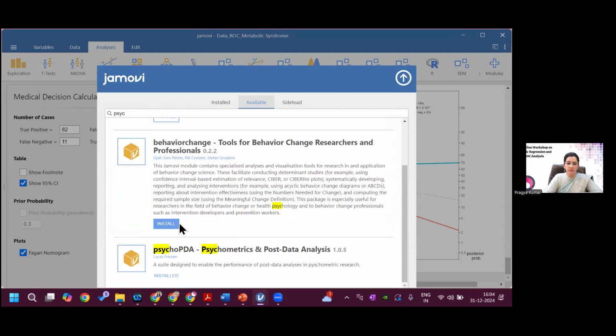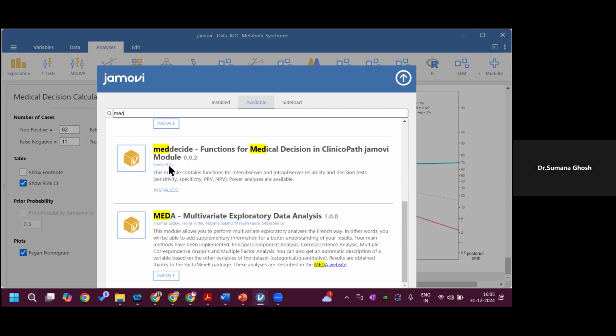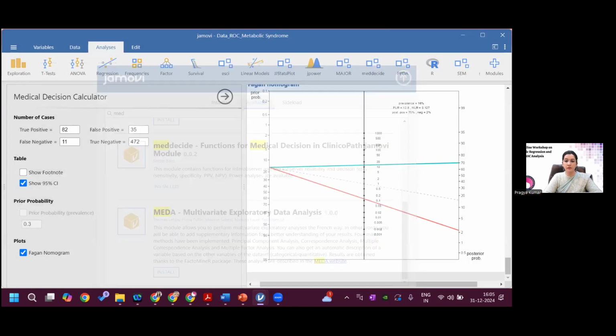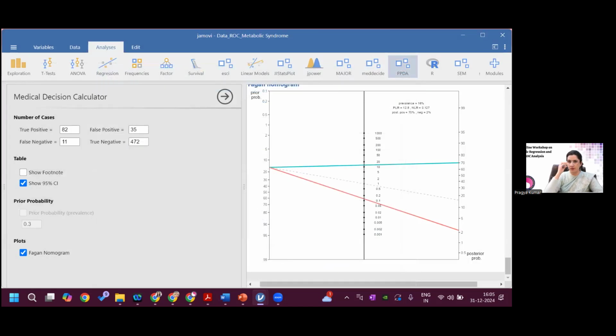And there will be an install button. Since it's already installed, that is why it's not showing install. Press okay. Again, type med-decide, and it comes. Install this. Today it is working. Yesterday there was some issue downloading the module from the Jamovi library, but today it is working.